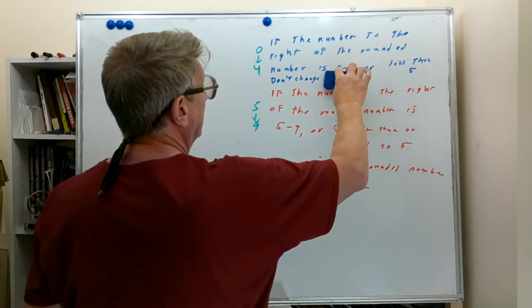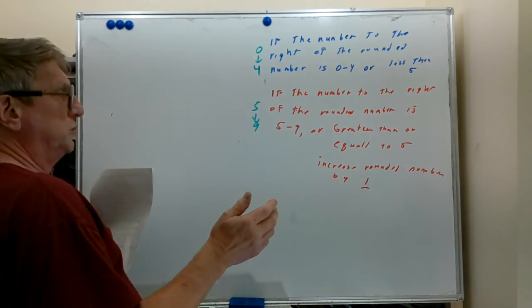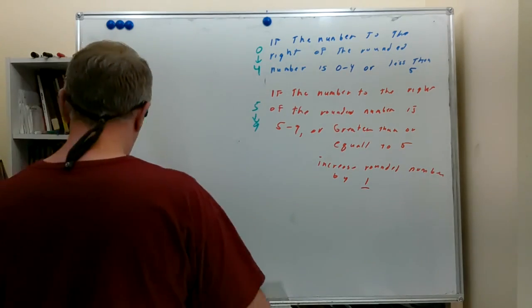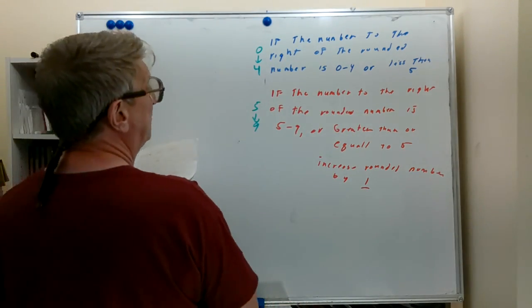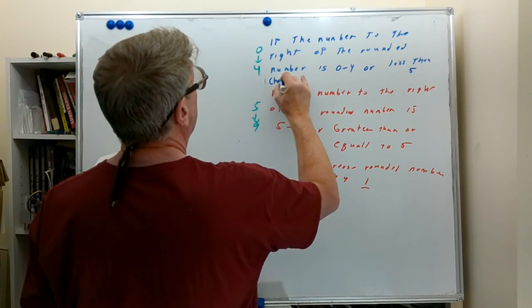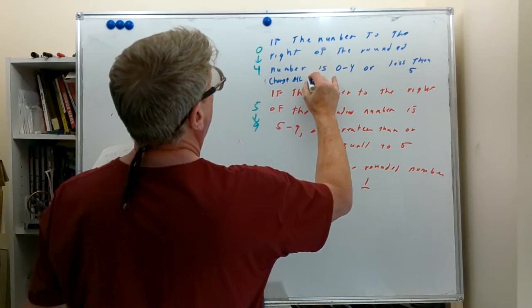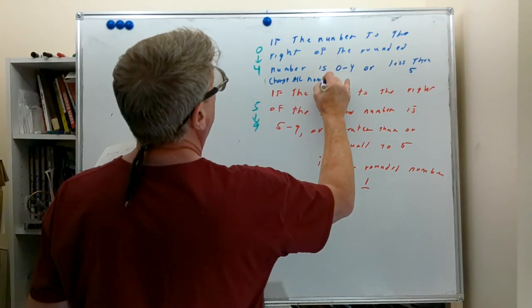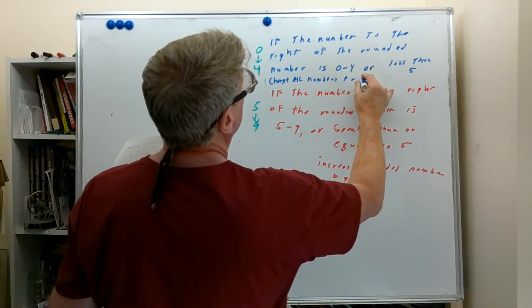So in this case, if we're looking at rounding whole numbers, if the number to the right of the rounded number is 0 or less than 5, change all numbers to the right to 0.